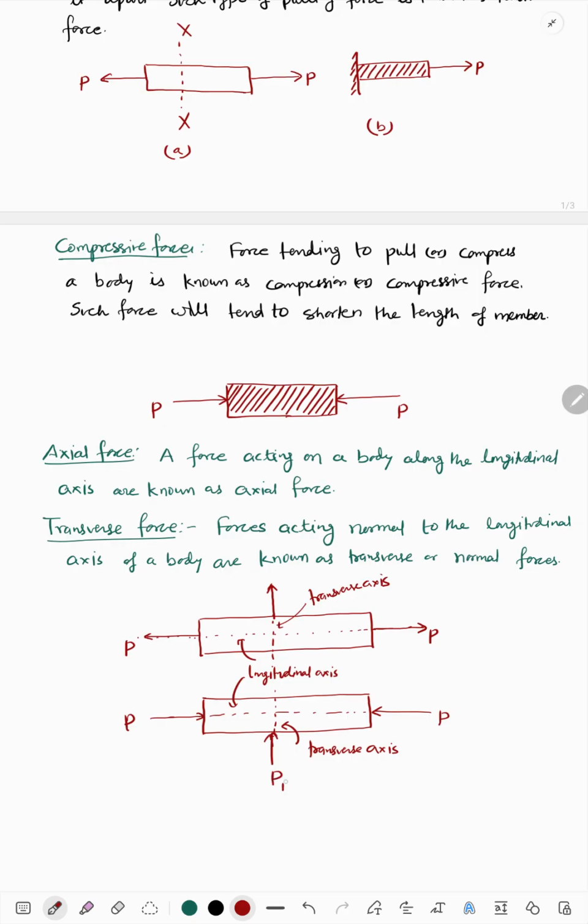Let us say P1 acts along this transverse axis. So forces acting along the longitudinal axis are called axial forces, and forces acting along the transverse axis are called transverse forces. Up to here, let us stop this tutorial.